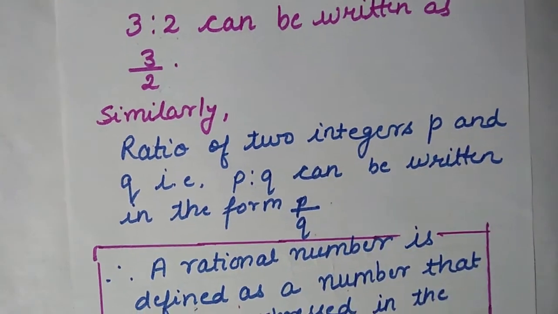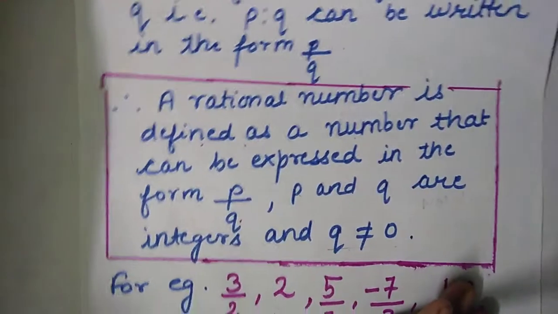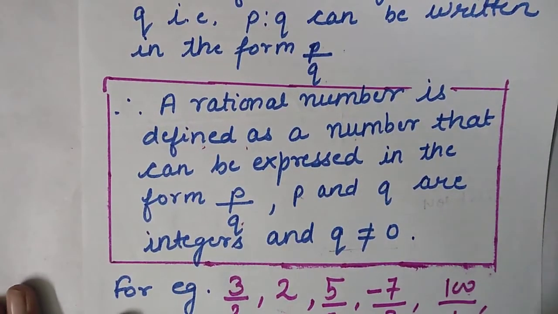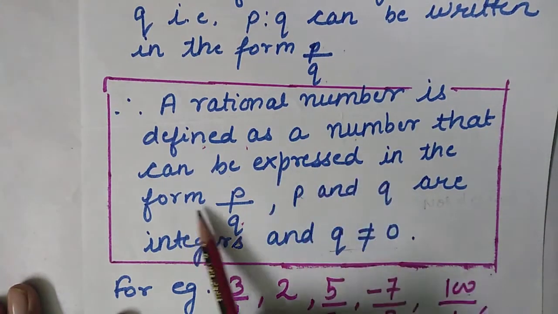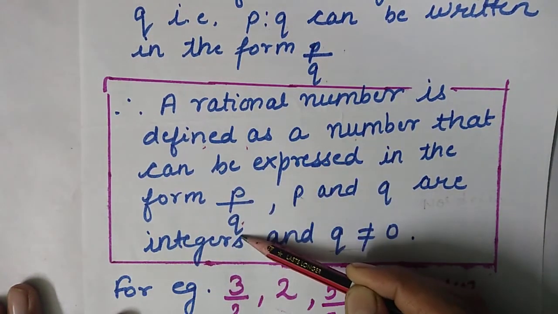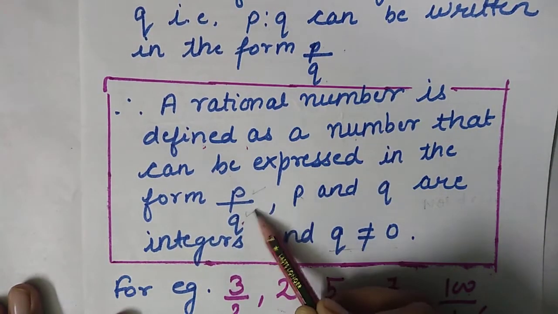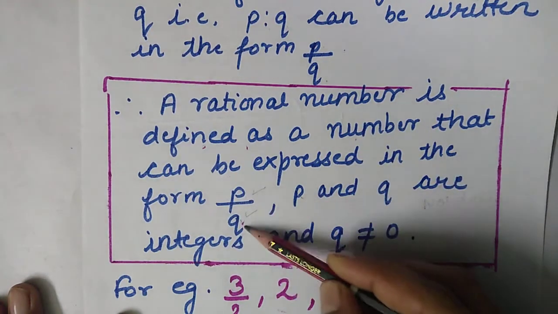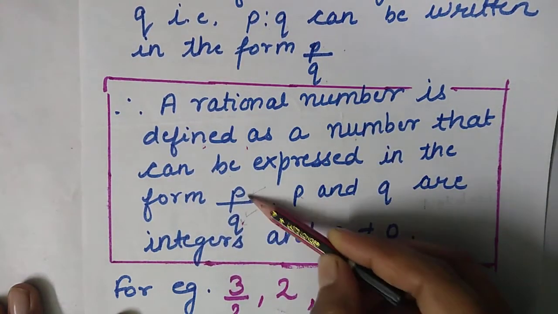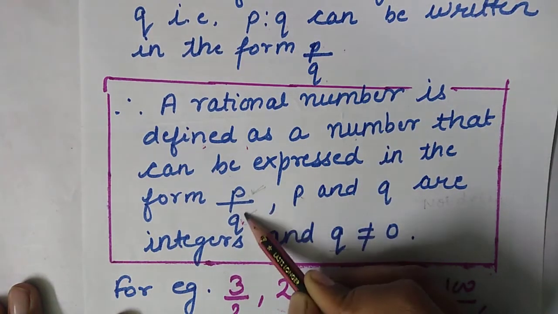So what are rational numbers? A rational number is defined as a number that can be expressed in the form P/Q, where P and Q are integers. In a ratio, they are natural numbers, but in a rational number, these are integers.